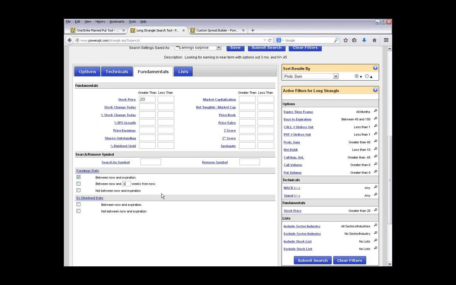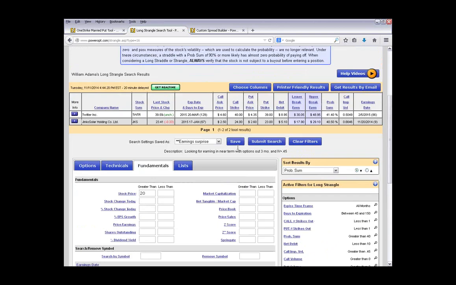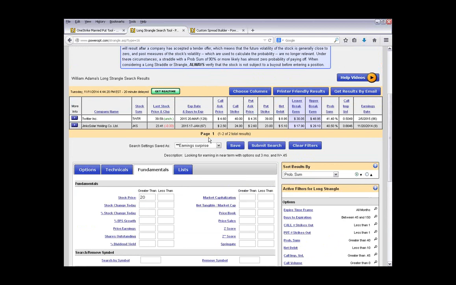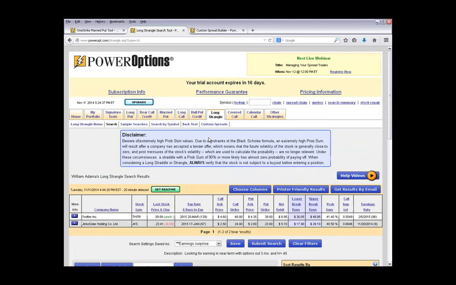And so we can identify the different strangles that will match our cost criteria, our probability sum criteria, but also in the same aspect have earnings coming up in a shorter term. And then you could also go back and verify the bullish or bearish move with the Chaikin power gauge once you have your power options results from the default search and the patented search tools on power options as well.